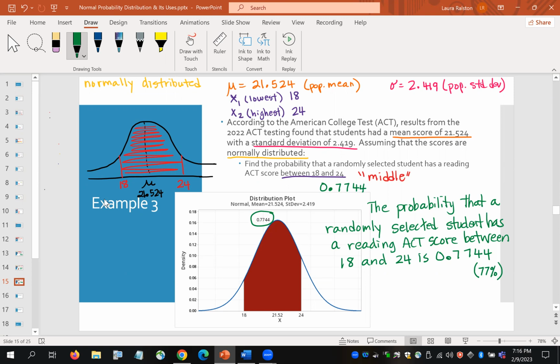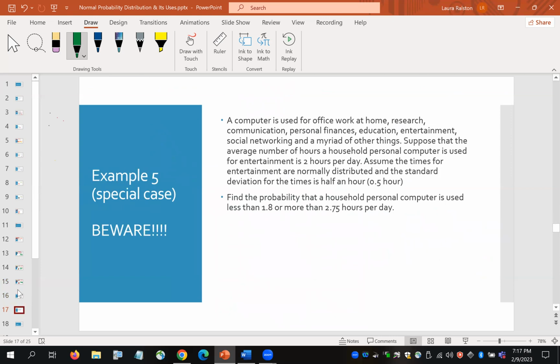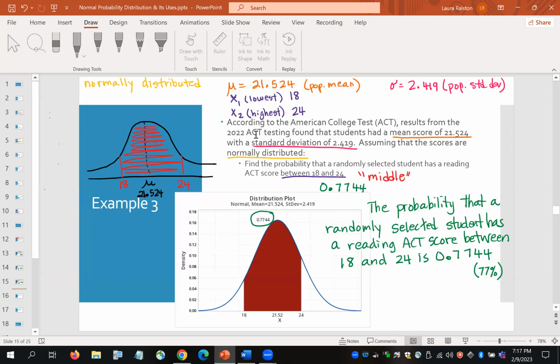So we've done 3 examples. You have a right tail, which is usually referenced by the words greater than. You have a left tail using the words less than. You have middle, which is use the word between. The last scenario, and I want to make one up. So hold on.